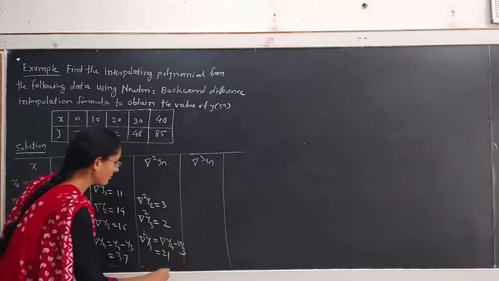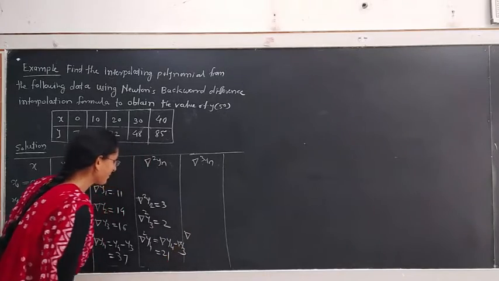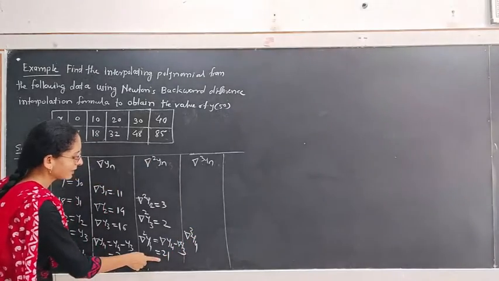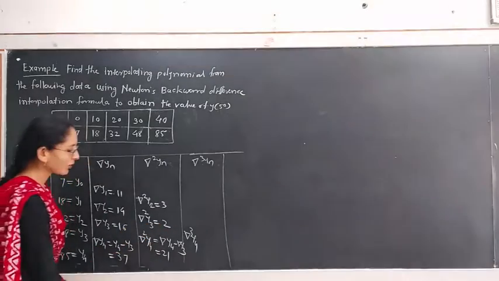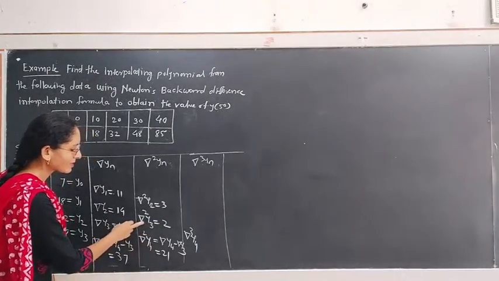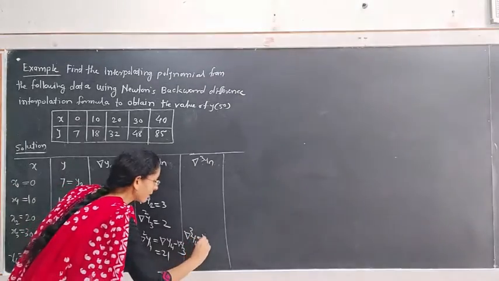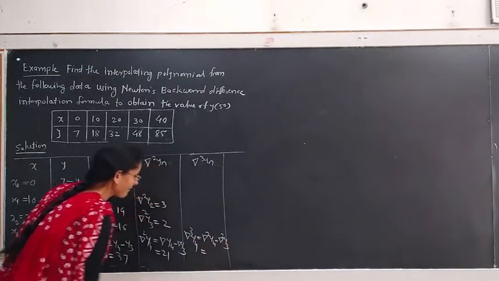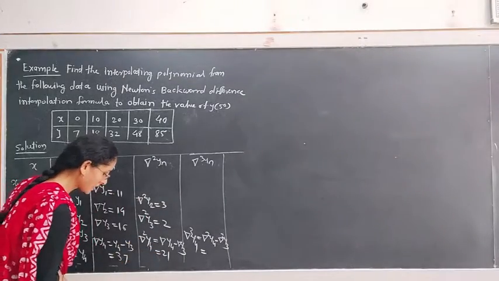Next, in the next column we get third order backward differences. The formula for del cube y4 is del square y4 minus del square y3, which is 21 minus 2, that is 19.